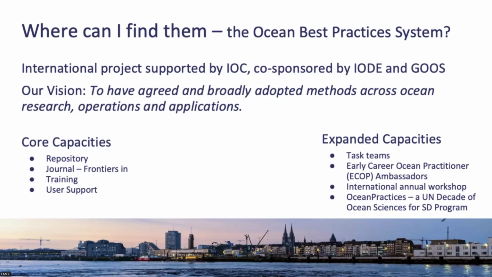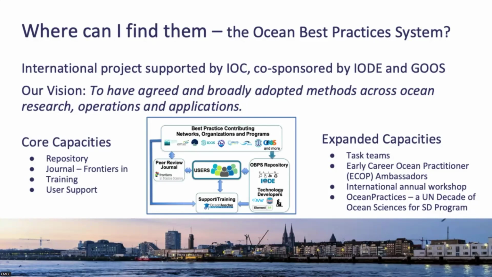The core capabilities within the Ocean Best Practice system are the repository, where there's more than 2,000 practices now, a journal to publish for the academics. This is important. Training, and OTGA, as Nadia mentioned, is part of our organization also. And then finally, user support. And we have expanded capabilities I don't think I'll go into, but you're welcome to look at them.